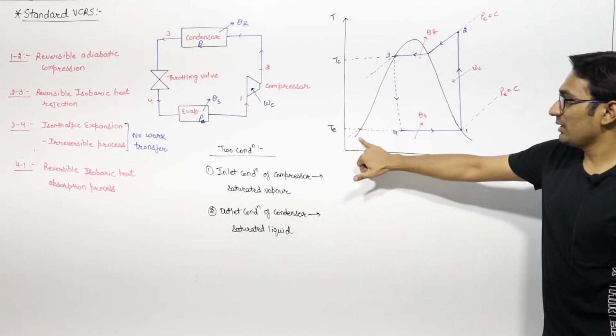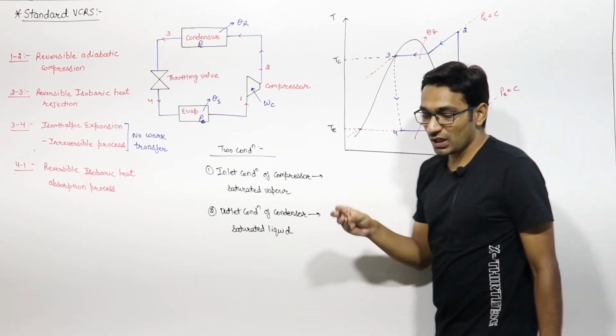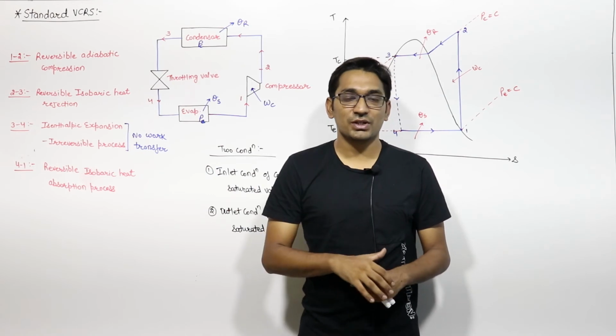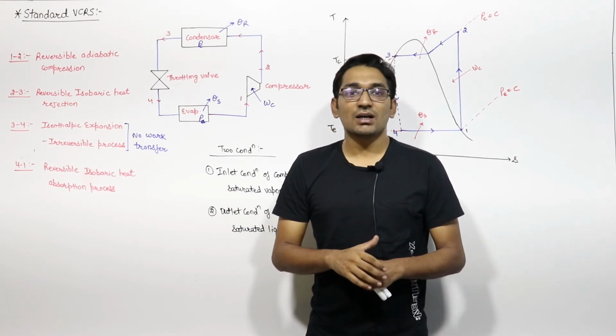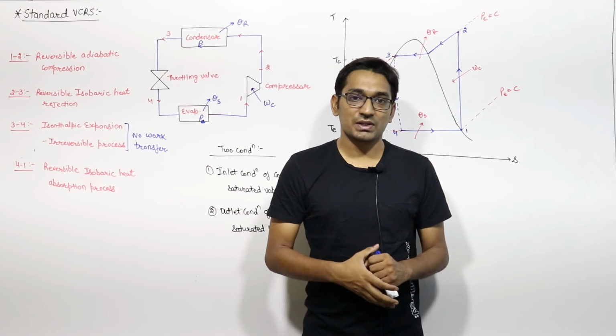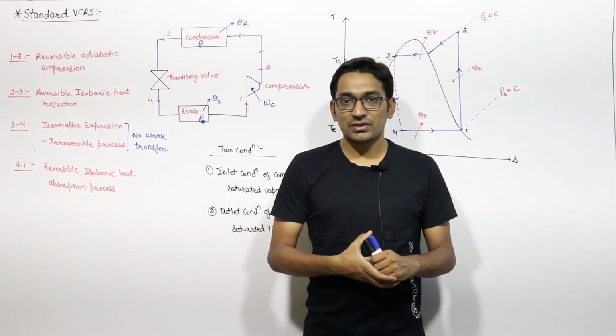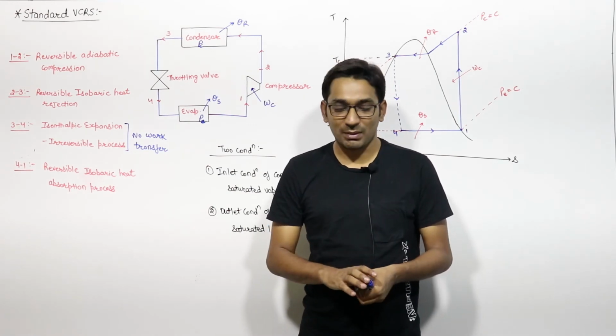Now if you remember your discussion of the thermodynamic relations chapter, the last chapter which we discussed, there is a term known as the Joule-Thomson coefficient, right? The Joule-Thomson coefficient is associated with the throttling process, you remember it.